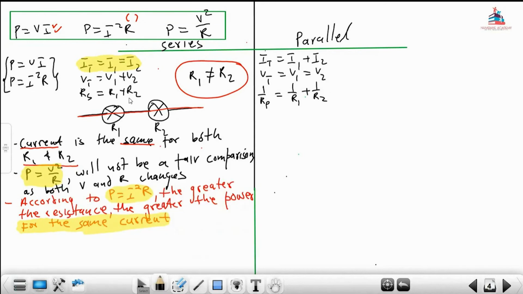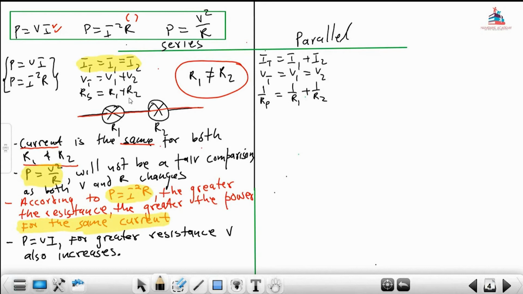Then they further move on and say, but we also have P is equal to VI. So P is equal to VI according to that. Now for greater resistance, V also increases.